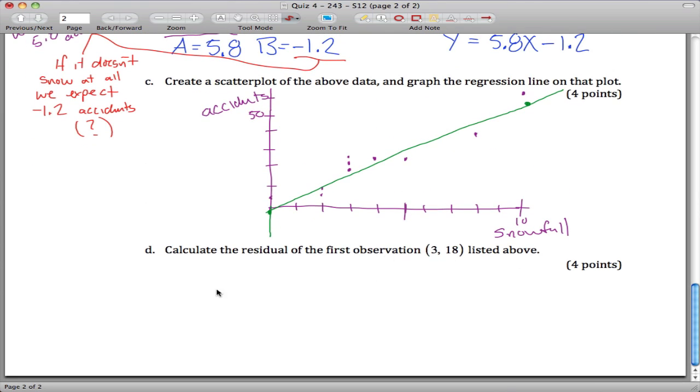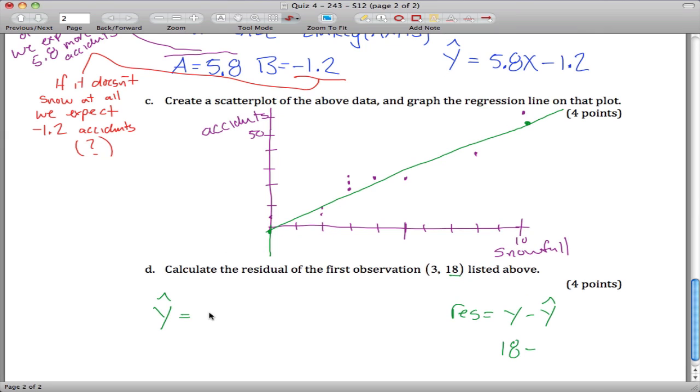Calculate the residual of this observation. The residual is equal to y minus y hat. The y value is 18, and y hat we can calculate using our least squares regression line, but instead of putting in x, we put in 3.